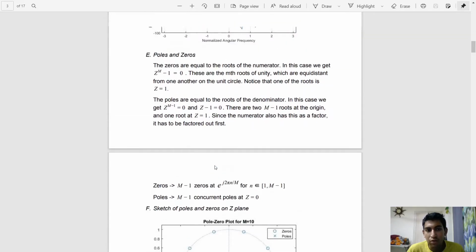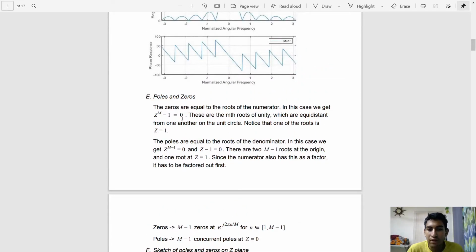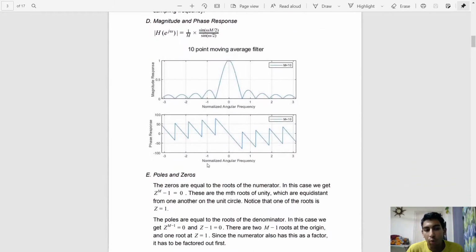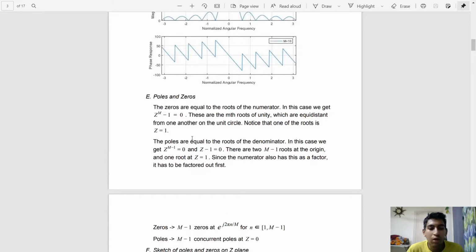As you can identify, z to the m equals 1 means these are the mth roots of unity, and we can further simplify this to get the actual roots. There will be m roots around the unit circle centered at the origin and equidistant from each other. But also note that since one of the roots is z equal to 1, and when we calculate the poles we also get a pole at z equal to 1, this common factor gets cancelled, and we get no zero at z equal to 1.